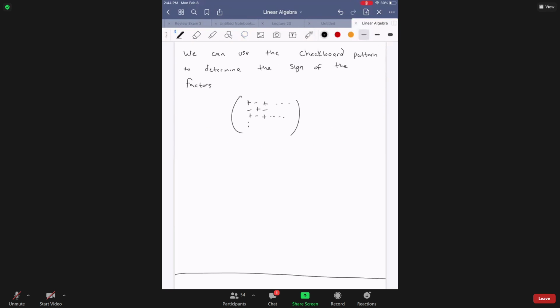All right, so this will keep track of the sign for us. So now we don't have to ever do what we just did again. So example 3.13.